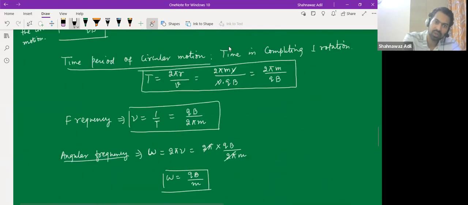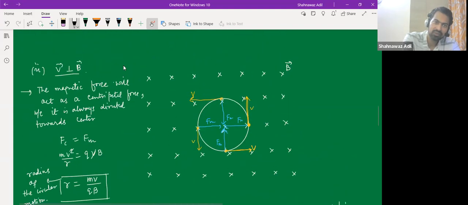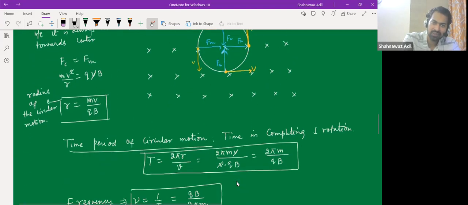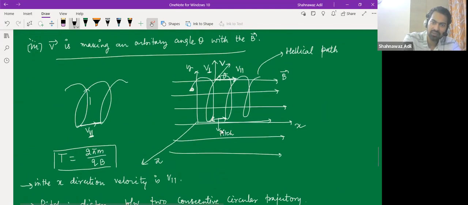Guys have forgotten. If velocity is perpendicular to the magnetic field, then it would be a circular path. So if pitch is 0, it will circulate in its circular path.